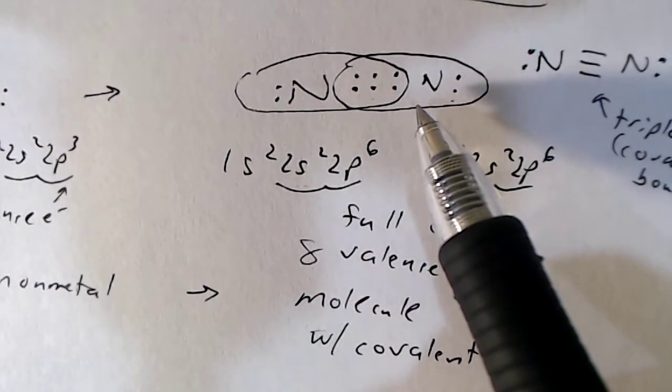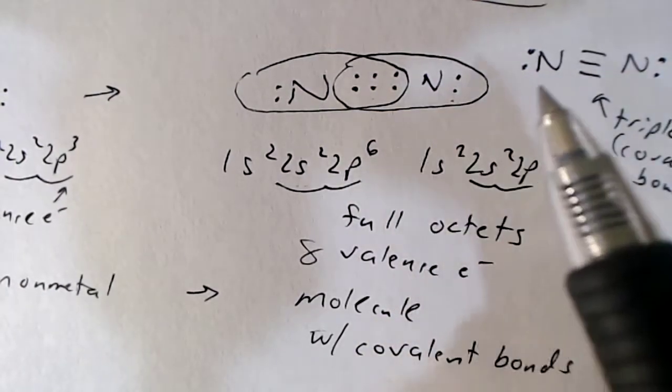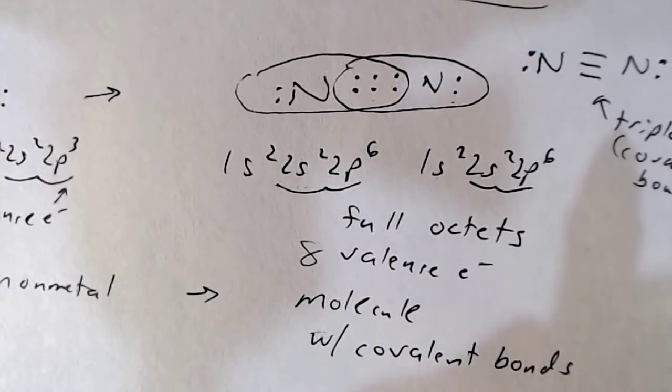These 2 nitrogen atoms are sharing these valence electrons, so this is a covalent bond holding them together. Ultimately, each of these nitrogens would have been pretty unstable on their own, but together they will have full octets, which is much more stable.